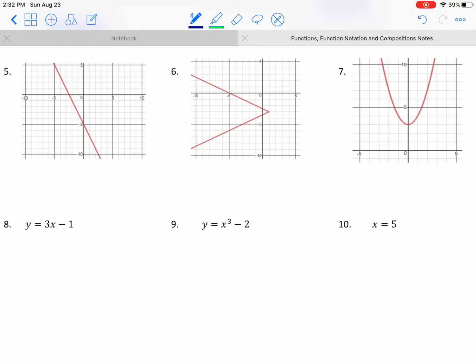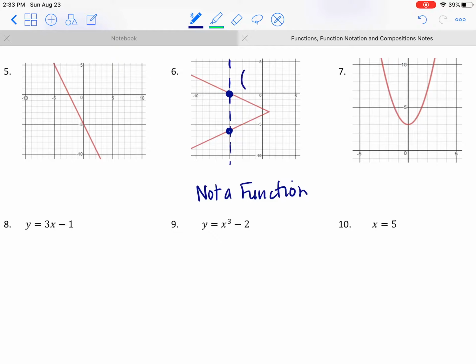So for example, I'm going to jump to number 6. If I put a vertical line here, because the vertical line touches the graph more than once, in fact it touches twice here, I know that that picture does not represent a function. This is not a function. Now why does this vertical line test work this way? Well, it's basically a visual way to say the same thing we were saying before. So think about this first point where the vertical line touches the graph.